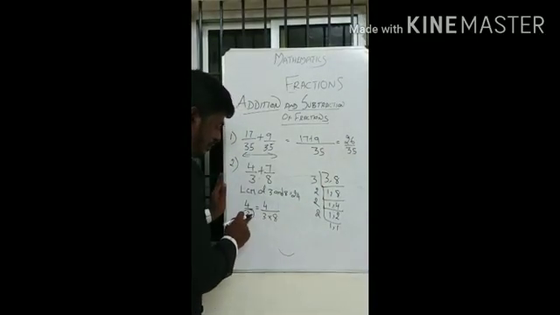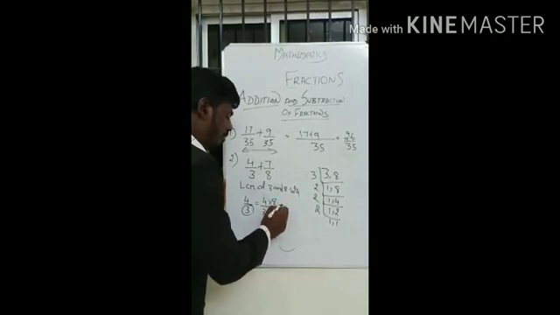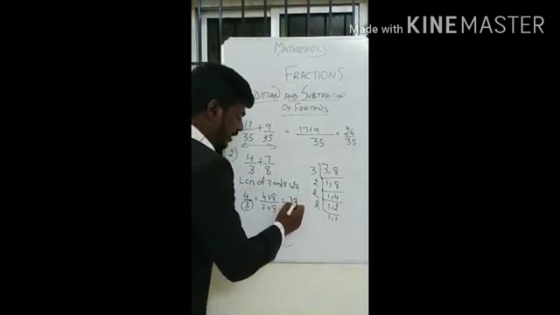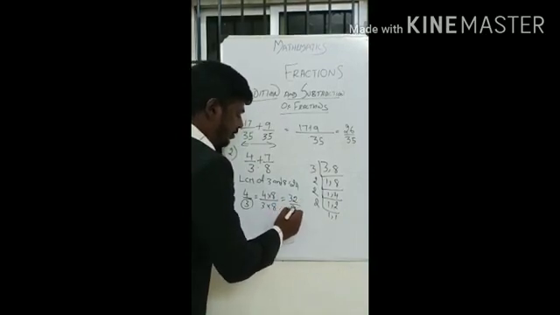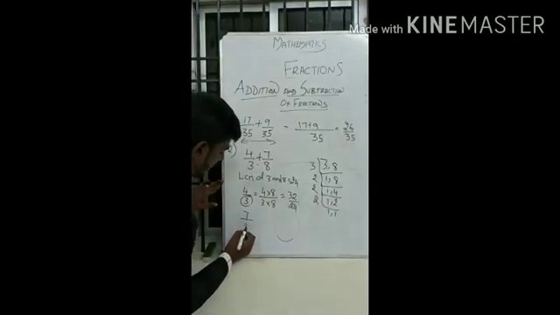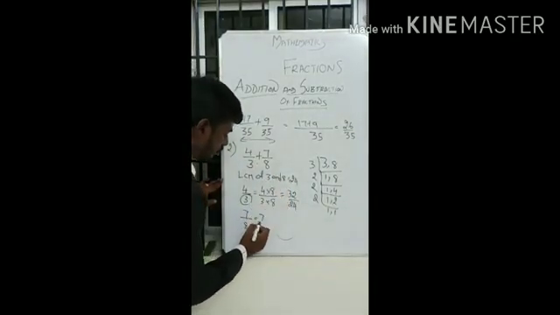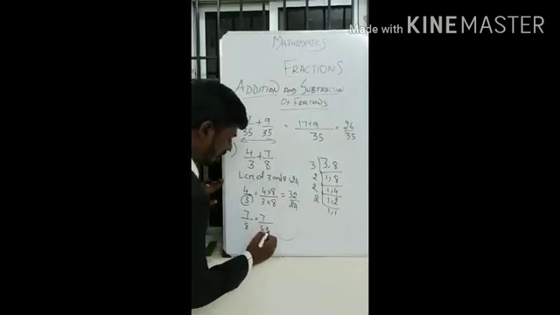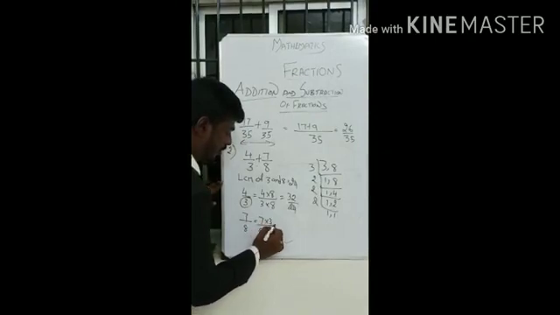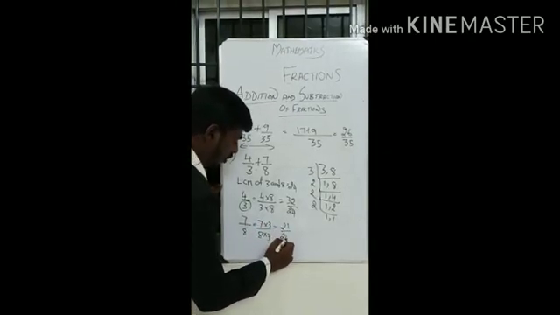The same number you have multiplied by 3 to get 24, you have to multiply the same with numerator. 4 8s are 32 and 3 8s are 24. The next fraction, 7 by 8. In 8 table 24 it was 3 times. 8 into 3, and the same number we have multiplied with numerator, 7 into 3. 7 3s are 21 and 8 3s are 24.